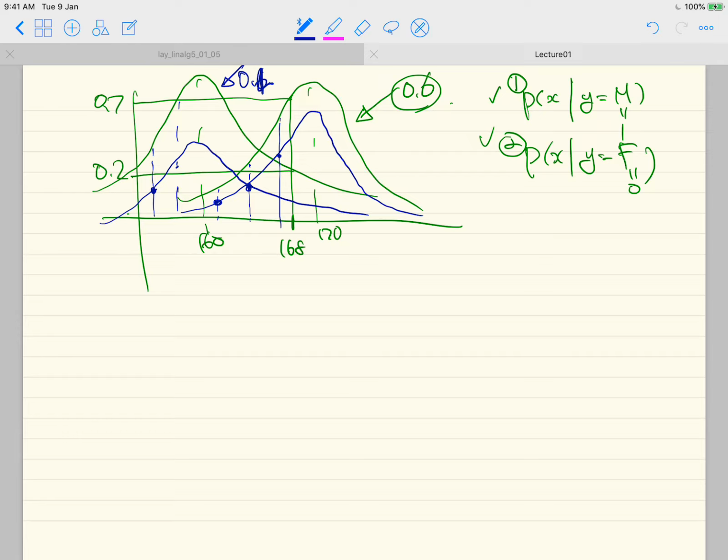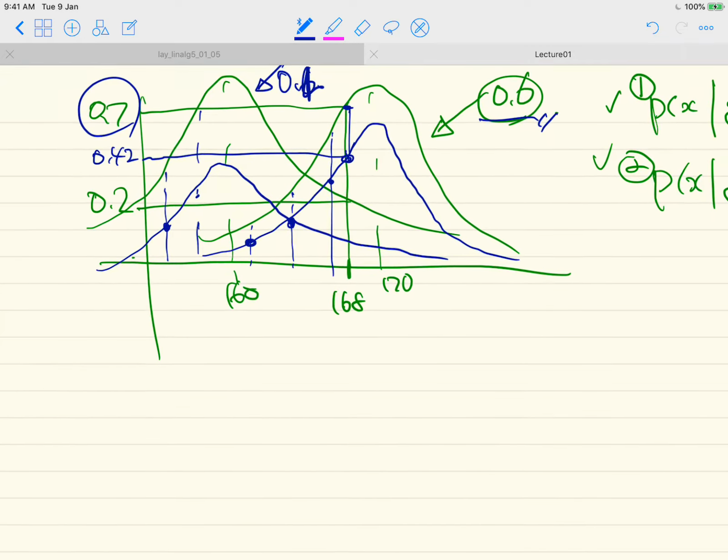Okay, and then from here, this was originally 0.7, and then it was downscaled by the ratio 0.6. So this is our 0.42, right? And then this guy coming from this left Gaussian or left distribution, that probability was 0.2 originally, and then we have to multiply this guy by 0.4, right?